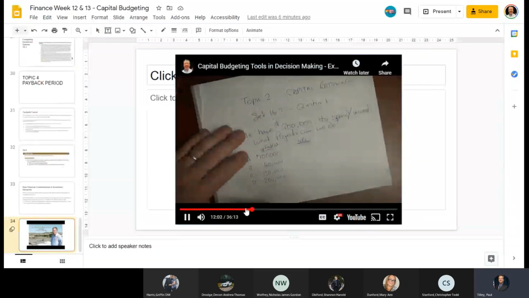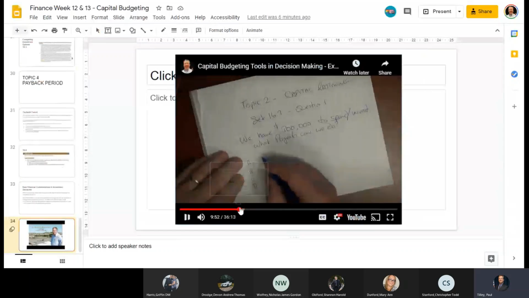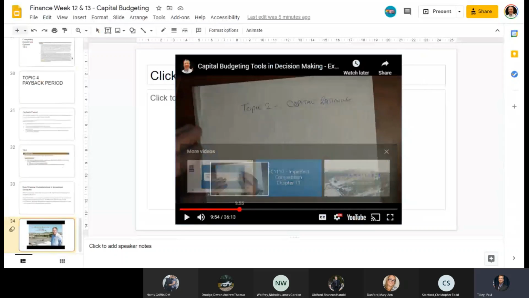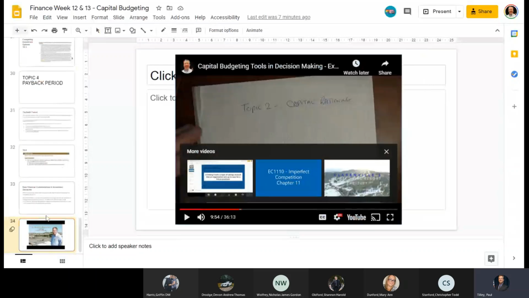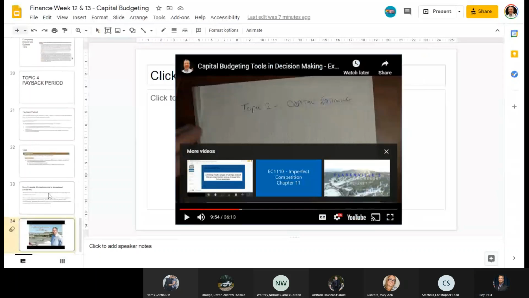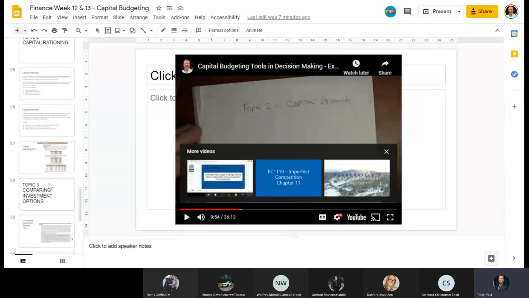Okay, just a second now. Project A, we only have so much money. Okay, so here's capital rationing. So again, in this one, I want us to look at example number 1. So I'll just bring this up now.